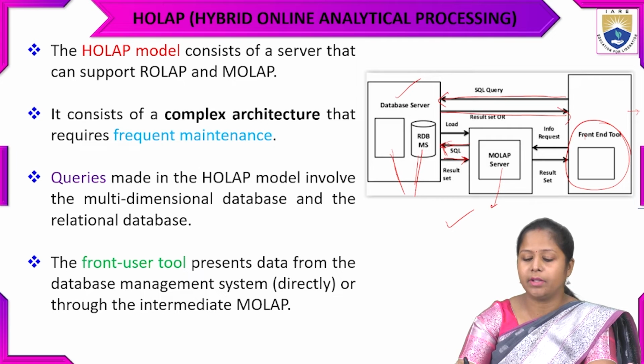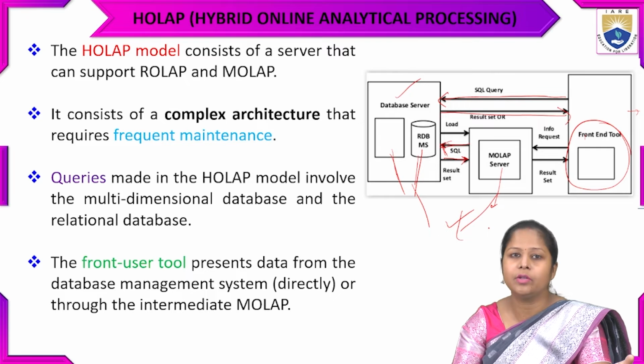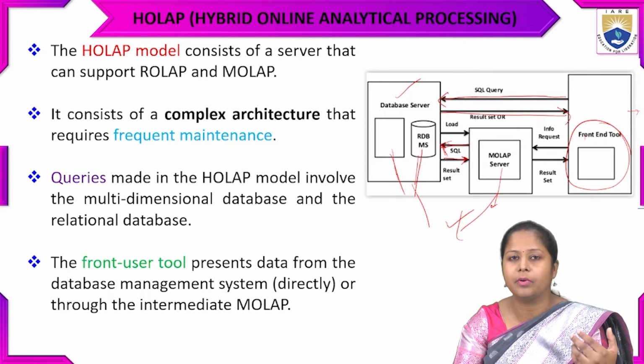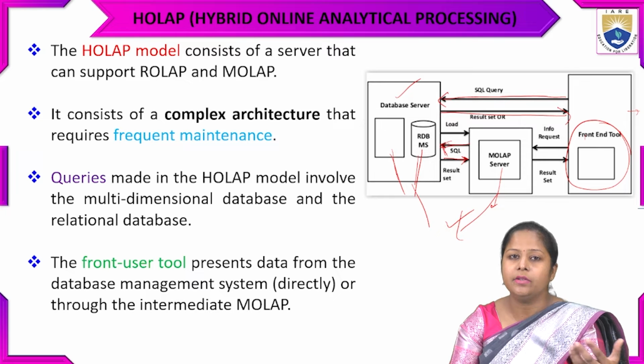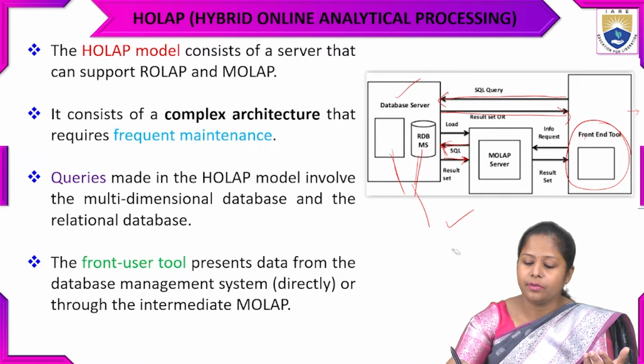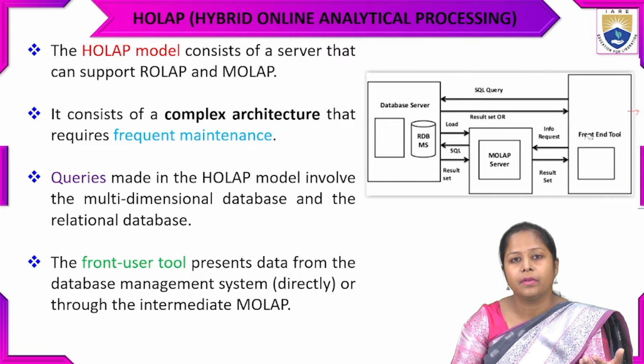There will be the RDBMS server and the OLAP server, and in combination, the server is going to process the query of the end user. So we have seen how the processing of the data and calculation is done on this type of hybrid OLAP server.